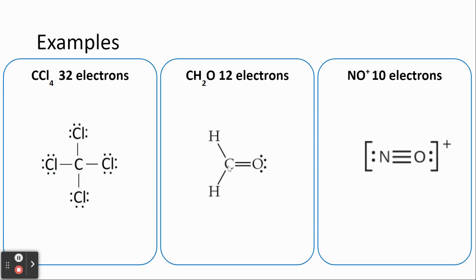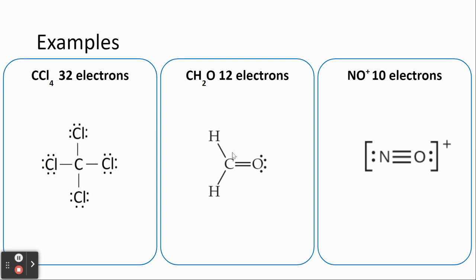Carbon would be our central atom. We would put bonds between our carbon and each hydrogen, and a single bond between carbon and oxygen, that would be 2, 4, 6 electrons. We've got 6 left, so we would put 3 lone pairs of electrons on oxygen.